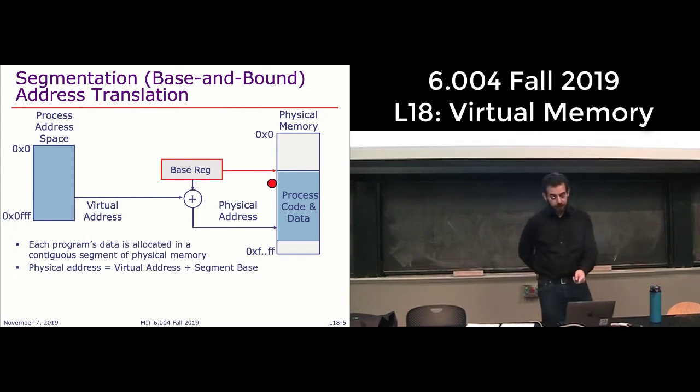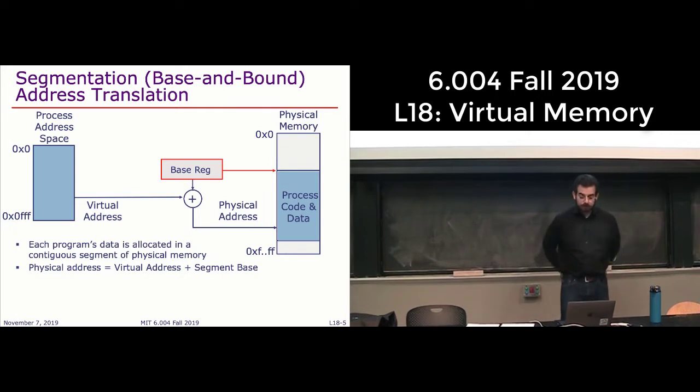Right, so for example, if this is hex 4000, right, then we will add 4000 to whatever virtual address to produce the physical address here. Right, so essentially we're just adding a constant value, or adding the contents of the base register to produce the physical address. So this translation is very easy, and so that's a great benefit of segmentation.